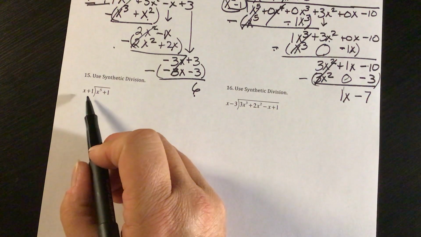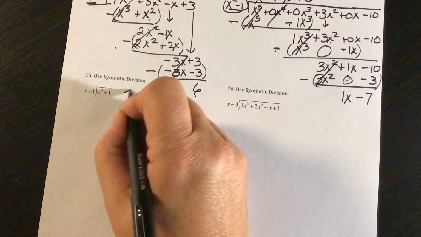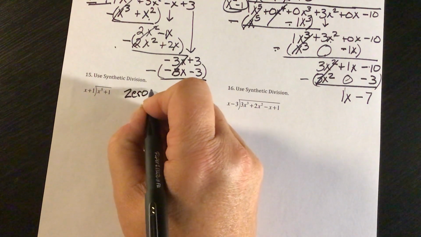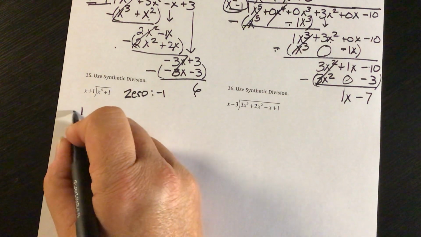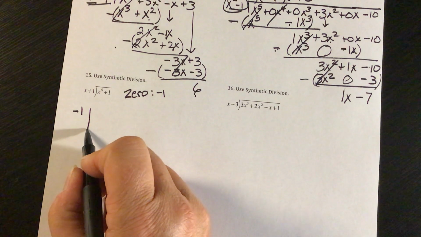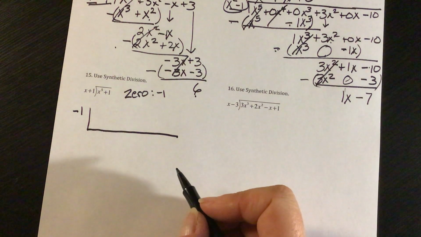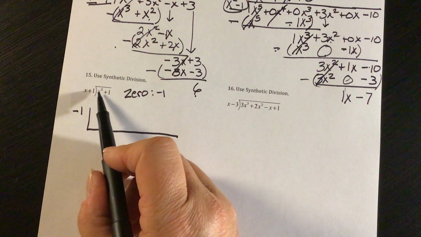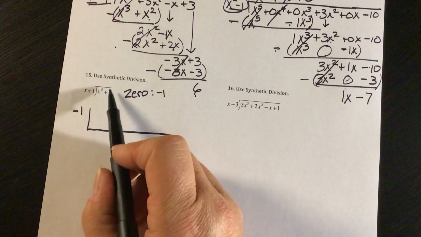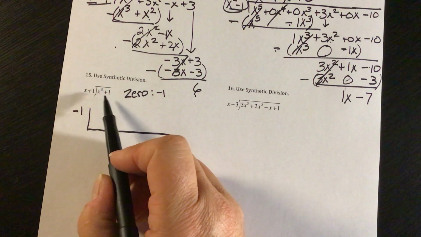First thing I want to do is identify my 0. So my 0 here is -1, which will be the number that I'm going to use for my multiplication. And also here, I'm noticing I have an x to the 5th power, so I'm missing lots of terms.